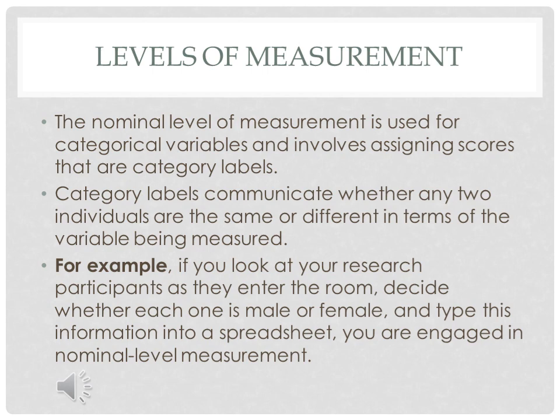It involves assigning scores that are known as category labels, and category labels communicate whether any two individuals are the same or different in terms of the variable being measured.